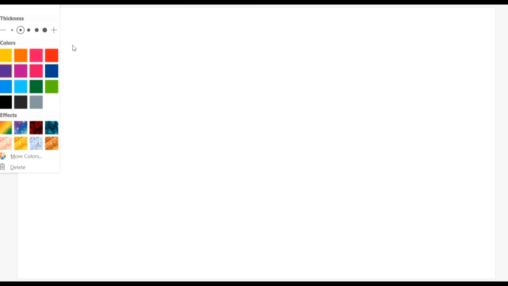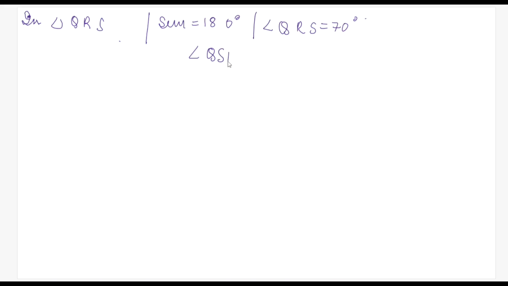When I solve this, my answer is coming as 45 degrees. See, in your triangle QRS, the sum is 180 degree, I know, and angle QRS is equal to 70 degree, right? So angle QSR is equal to angle PSR, equal to 85 degree, because we have some parallel lines also, right? And moreover, angle QRS plus angle QSR is equal to 155 degree.